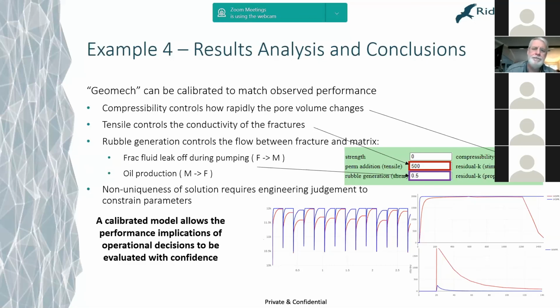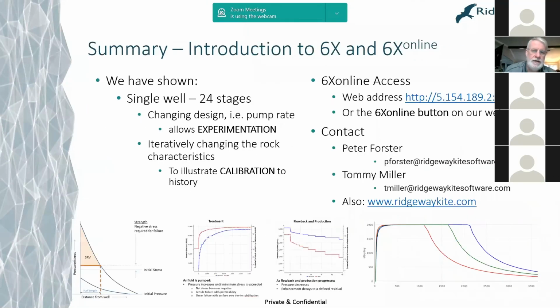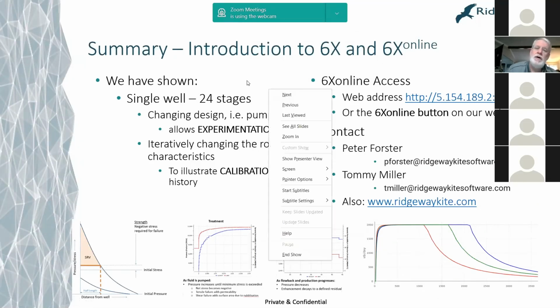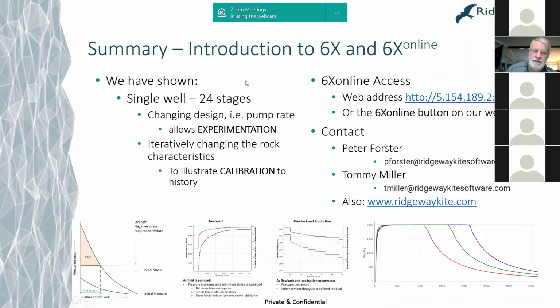Okay, so that's an illustration of history matching. So we've shown how to do experimentation on the design parameters and how to history match the rock to known observations. So those are the two examples that we're going to stick with for today.